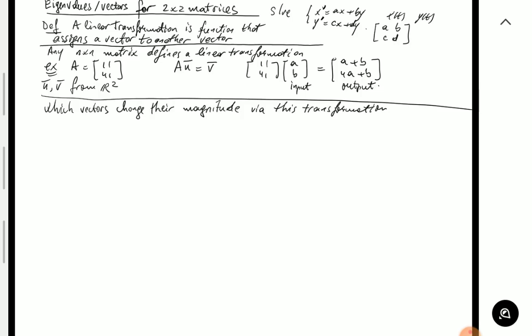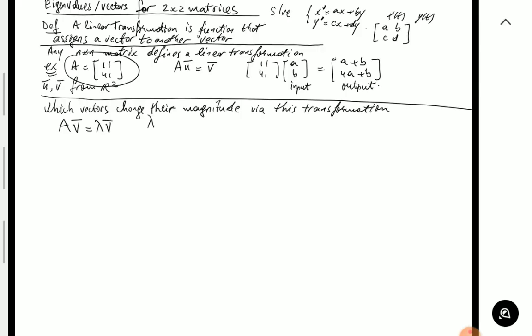In other words, magnitude is represented by changing the scalar coefficient. If I take a transformation given by a matrix, I can ask: what is the set of vectors that under this transformation only change their magnitude, meaning that A times V is just some scalar multiple times V.